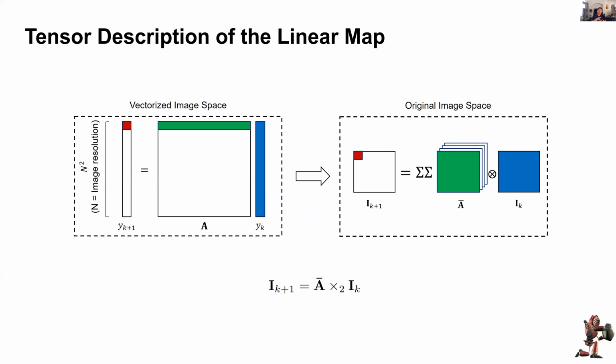And if we turn that into image coordinates where Y_k becomes I_k, I can also have the row of A be a similar image, and it's going to be like a kernel that is multiplied with the whole image and then summed up together to create the red pixel right there. So the whole linear map in terms of vectorized images can be represented as a tensor multiplication in the image space. So let's visualize what those kernels actually look like.